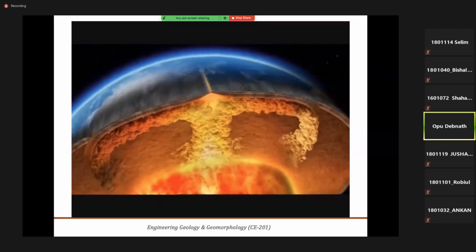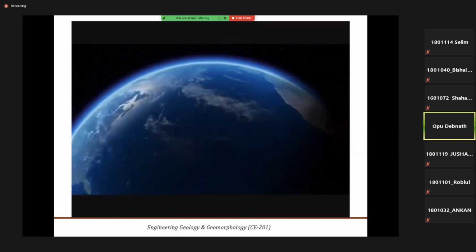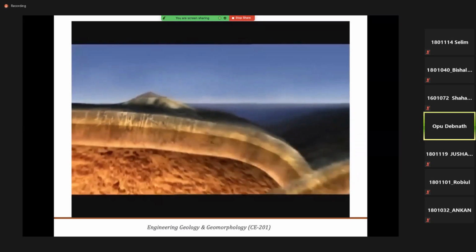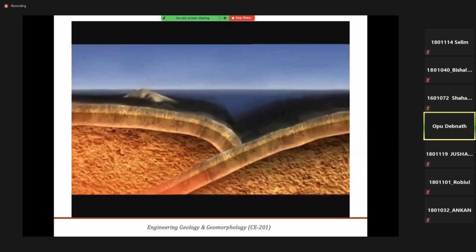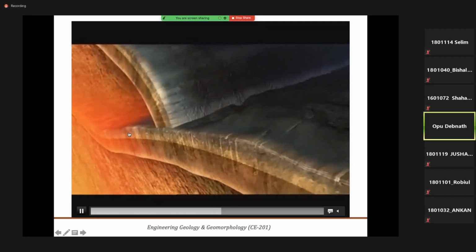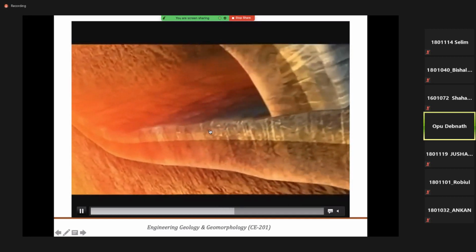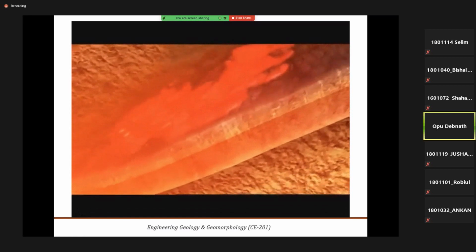Due to this circulation, it creates a force which leads to such movements. That means one plate or geological layer, the lithospheric layer, is moving compared to another one.